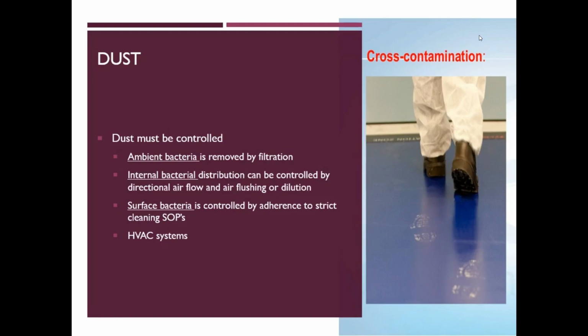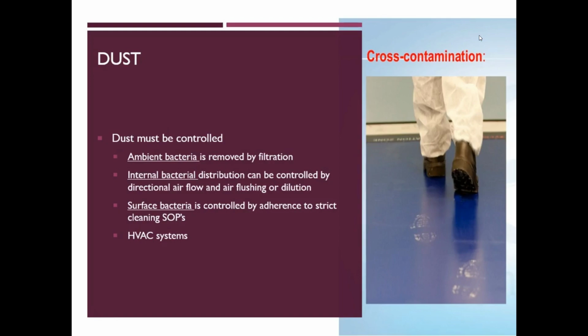HVAC systems are heating, ventilation and air conditioning systems used to control your environment. Their purpose is to provide thermal control and acceptable indoor air quality. These air handling systems are the main tool for reaching required parameters, but they're not sufficient on their own. You need additional measures like appropriate gowning within your area, proper clothing, proper changing rooms, and you need validation of the sanitization of those areas as well.